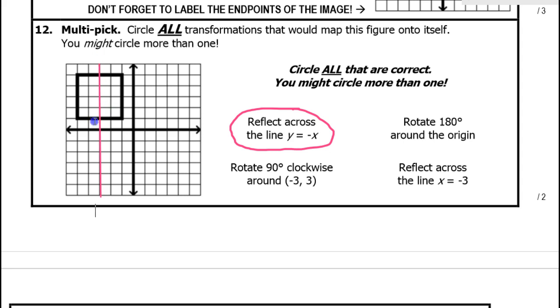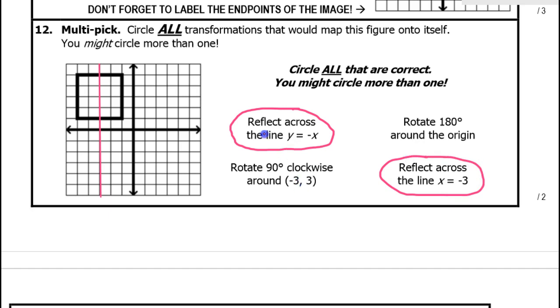Yes. This splits the square right down the middle, with the left side and the right side being mirror images of each other. So yes, a reflection over that would cause the square to fall back on itself again. So that is another winner. So I'm going to circle that.